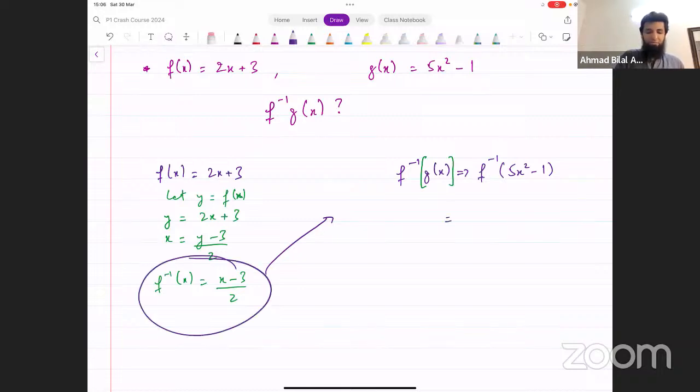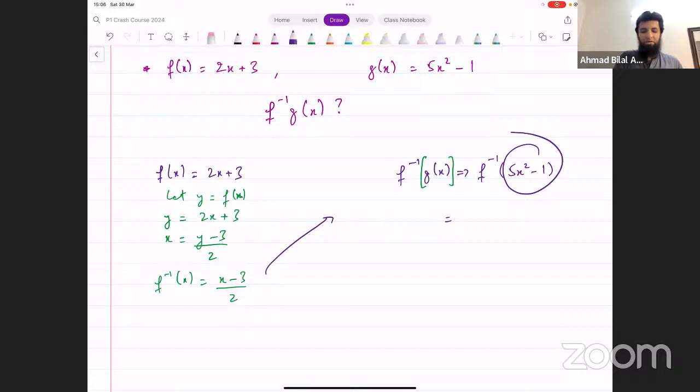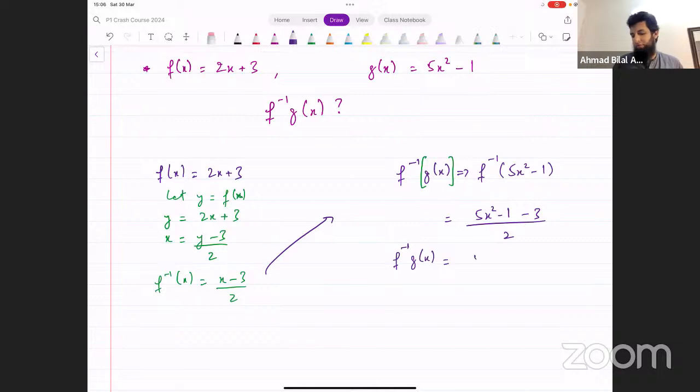Wherever you have x in this expression, you replace that with 5x squared minus 1. So this becomes 5x squared minus 1 minus 3 divided by 2. And f inverse of g of x, therefore, is 5x squared minus 4 divided by 2.